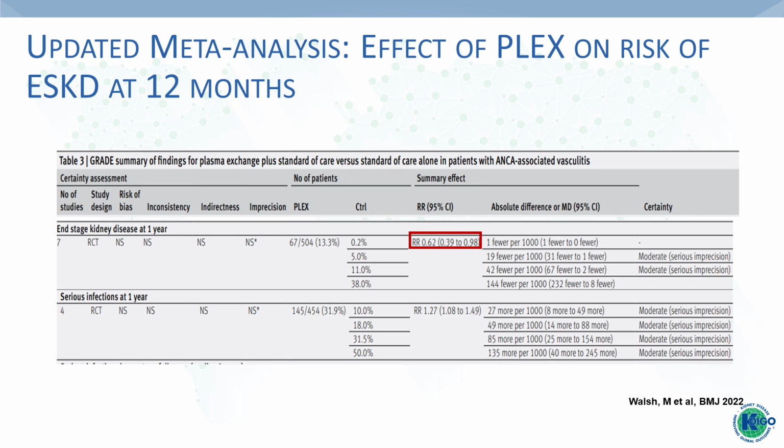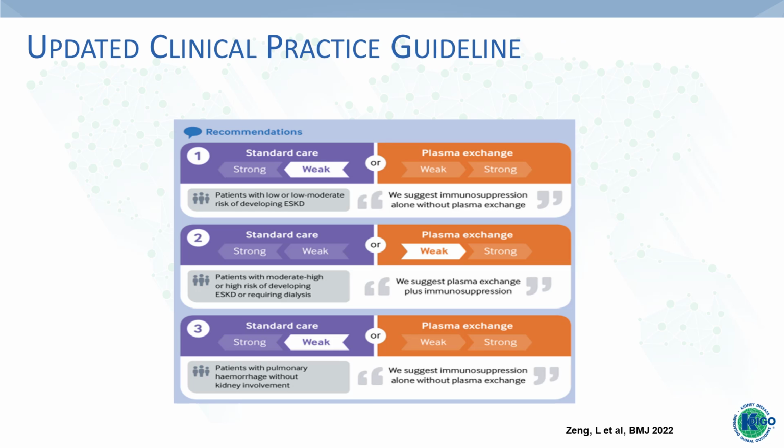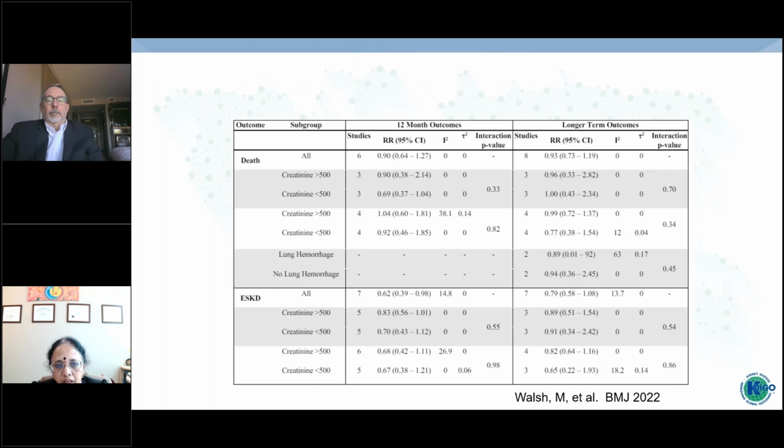But this came at the expense of an increase in the incidence of serious infections at 1 year. And based on the results of the updated meta-analysis, a clinical practice guideline update was provided, which mentioned to consider Plex in patients who had moderate to high or high risk of developing ESKD or requiring dialysis.